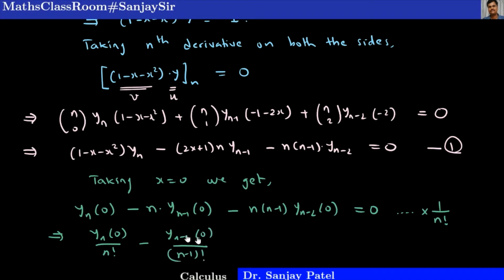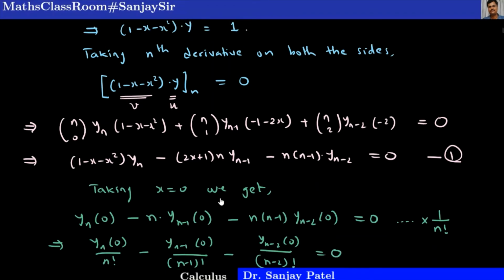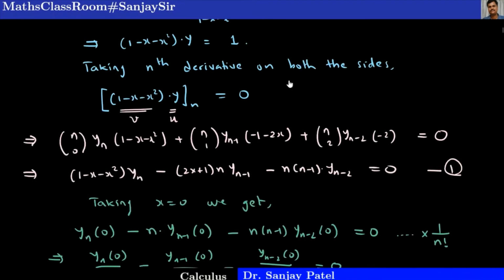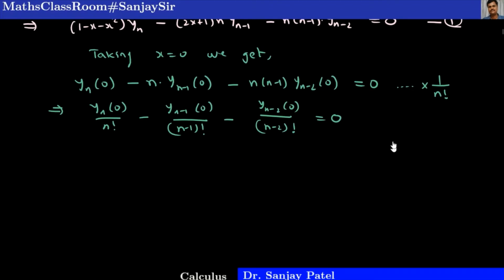Okay, so n upon n factorial becomes 1 upon n minus 1 factorial, and minus n into n minus 1 upon n factorial. So the n and n minus 1 will be cancelled from this n factorial, and what you will get is n minus 2 factorial. So yn minus 2 of 0 upon n minus 2 factorial is equal to 0. Now according to our formula, this an is equal to yn 0 upon n factorial. So I will write that. Let us call this result number 2.